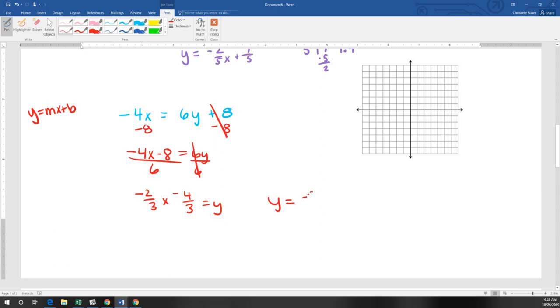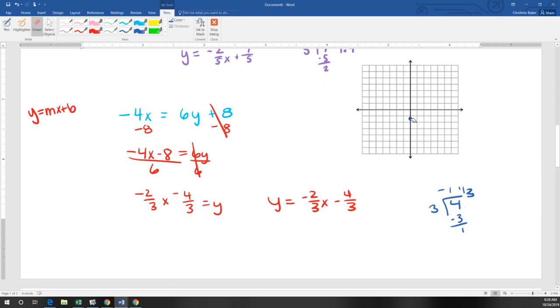So y equals mx plus b, but b is negative in this case. So negative 4/3 is negative 1 1/3. So I'm going to go negative 1 1/3. So that's there-ish. That actually looks more like a half.